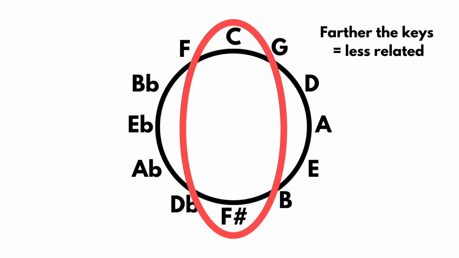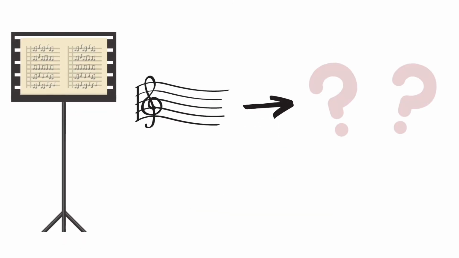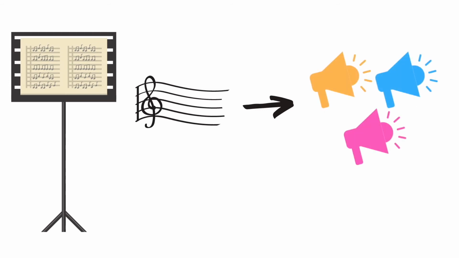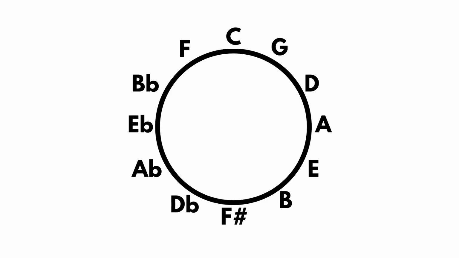This can come in handy, especially when you're writing music. Let's say you have a song in a particular key and you want to shift to another key to add more variety and add more spice. But you don't want to shift to another key that is so extreme that it is jarring to the listener and turns the listener off. Well, the circle of fifths can help you with that.